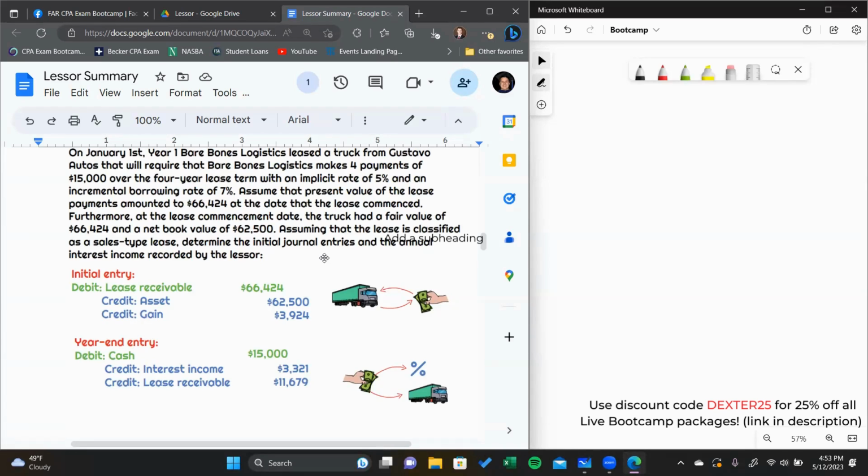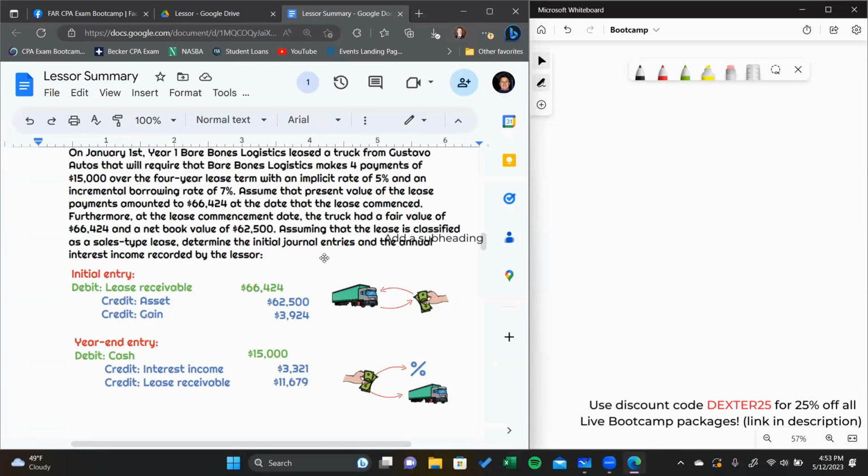So we record lease receivable at the present value, and the difference between that lease receivable, the present value, and the book value is a gain. So imagine we had sold the asset for $66,424, right?